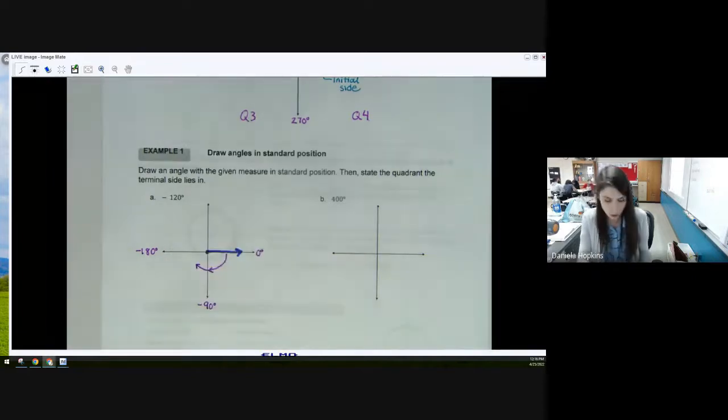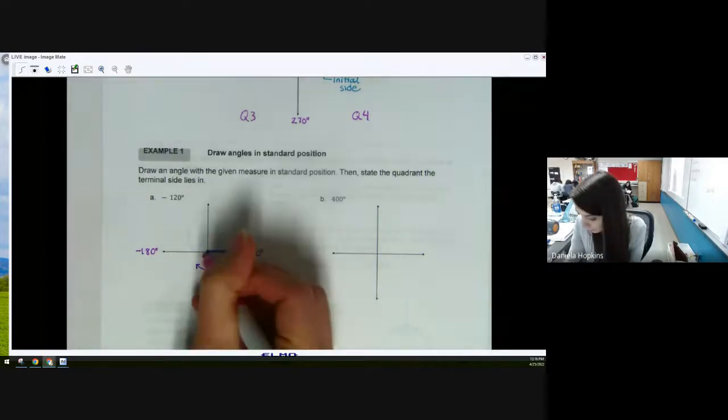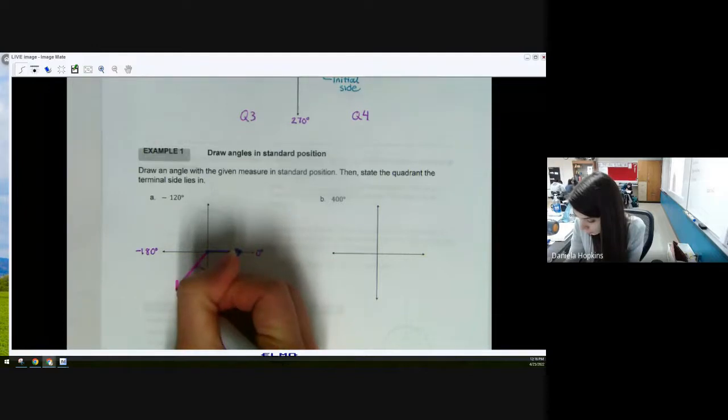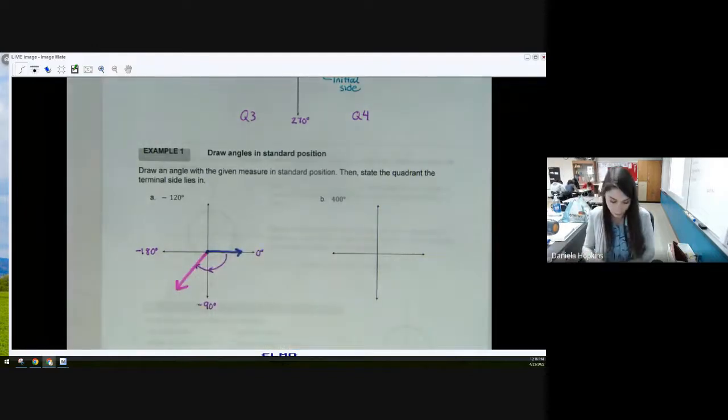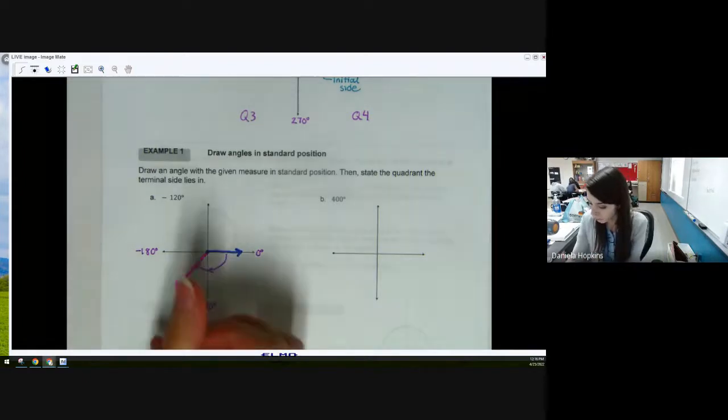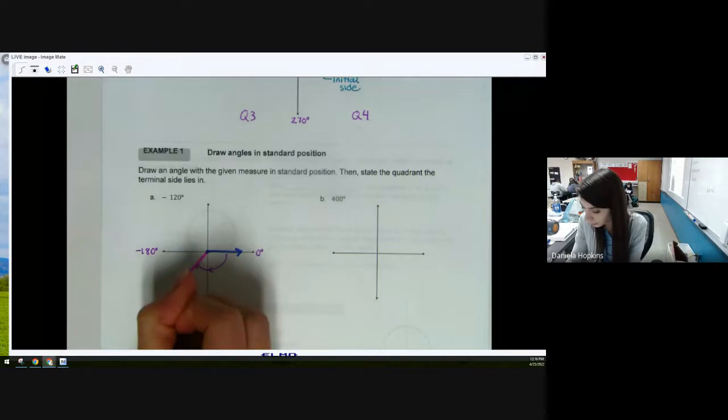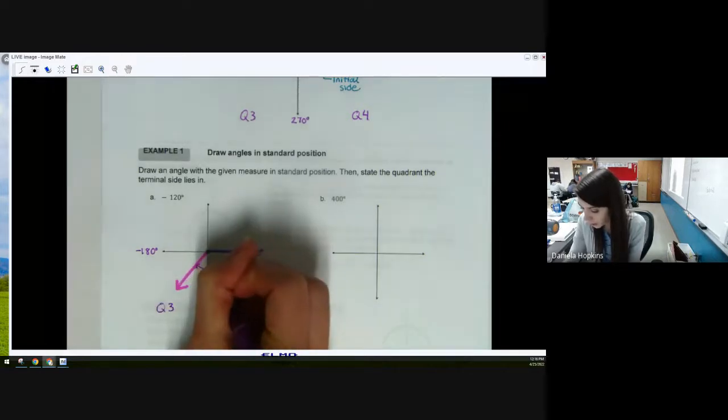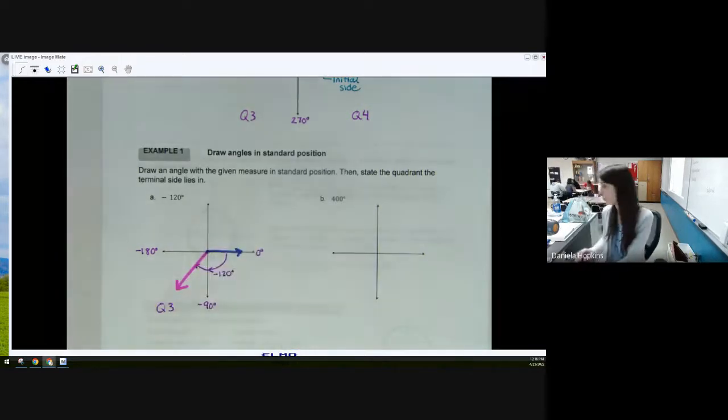So like there-ish. And again, I'm just approximating. If you want to pull out a protractor, go for it. So what quadrant do I end up in? Yeah, this is quadrant 3. And we would say that this is a negative 120 degrees. Ish, give or take.